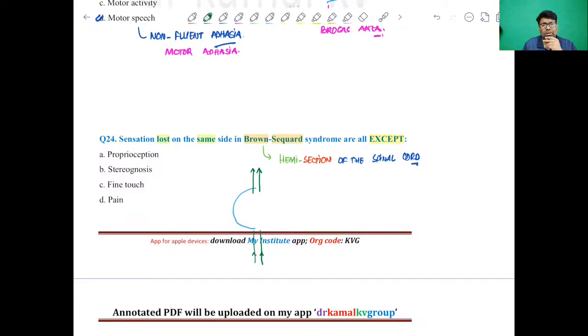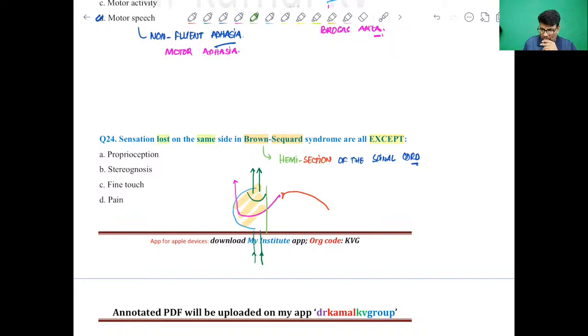Dorsal column decussates at the level of medulla, but the spinothalamic tract which is ascending here is actually coming from the opposite side, because the decussation occurs at the level of spinal cord itself. So say this is the first order neuron, this is the second order neuron.